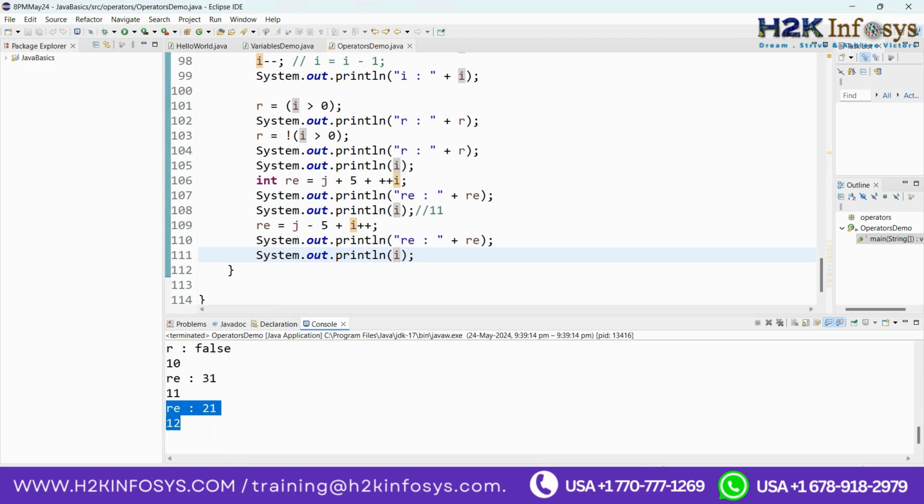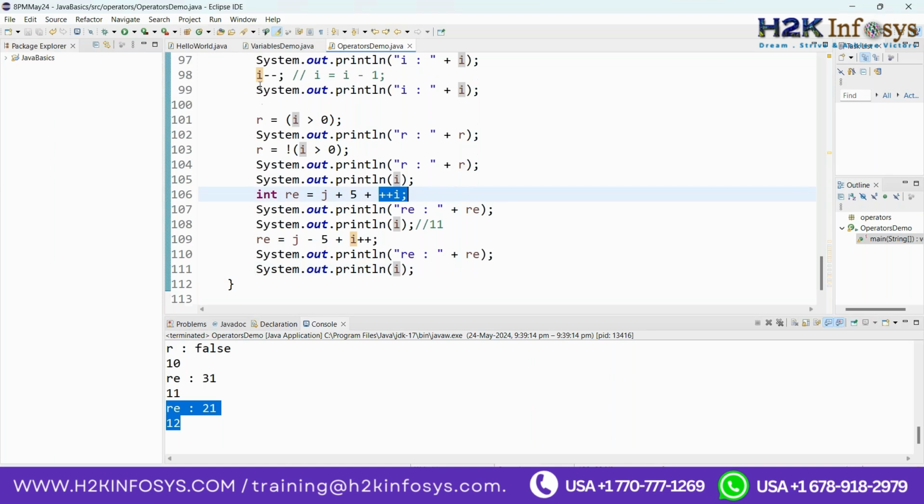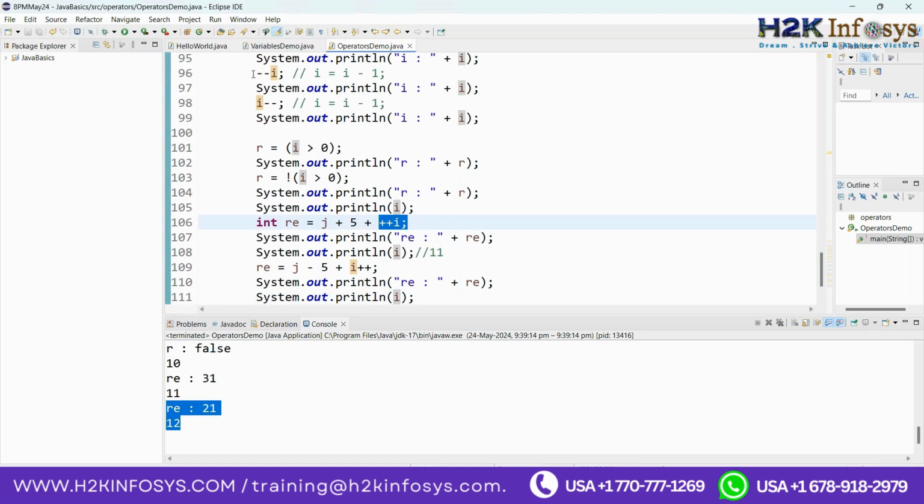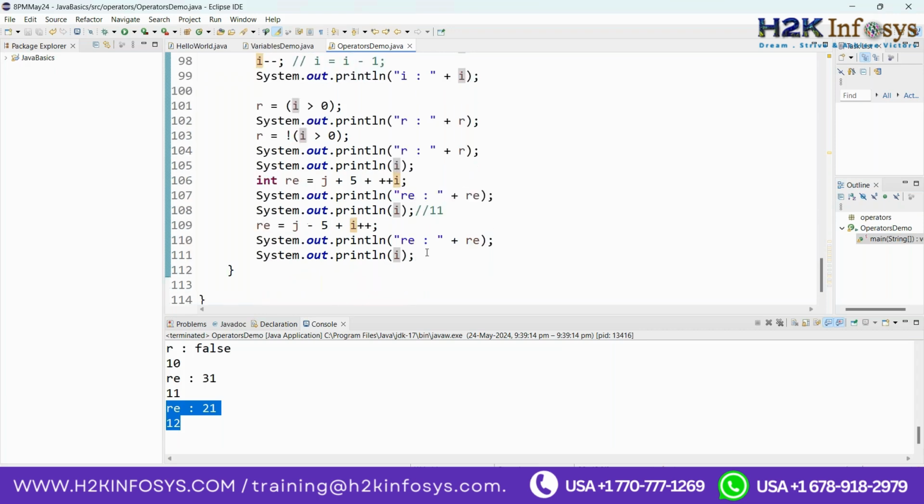Now you see the difference when you are using them within the expression and outside of the expression. When you are using them individually, there is no difference, whether pre or post, it doesn't matter. But whenever you use them within the expression, post and pre have an impact.